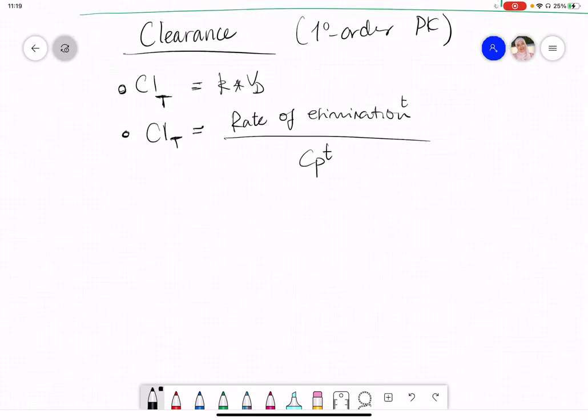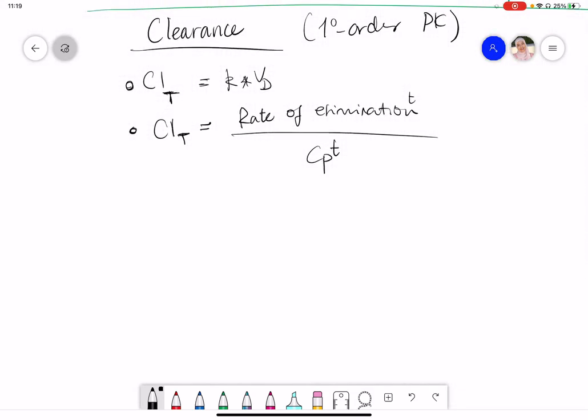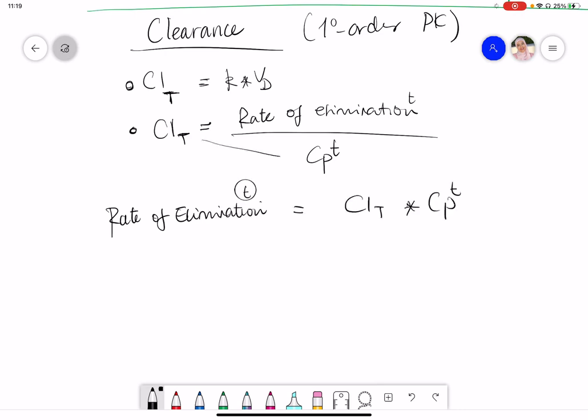Let's have it as rate of elimination at certain time equal to total clearance multiplied by the concentration at certain time. This is total clearance, and this is elimination.